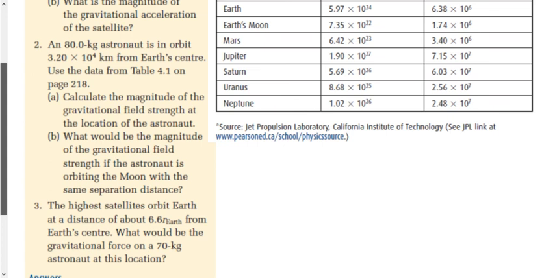What's the producer here, the Earth or the astronaut? What's causing the field? The Earth, and the astronaut is experiencing it, right? So what do we know more about here? The producer, the Earth, or the astronaut, the experiencer? The producer, yeah, though we know a little bit about both, right? We know the mass of the producer and the distance away from the producer.